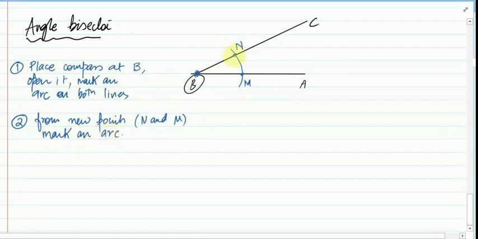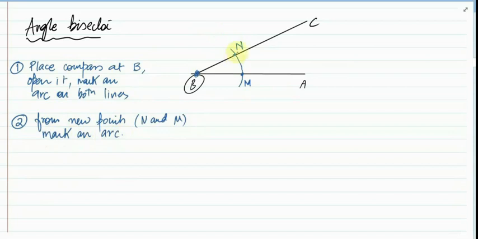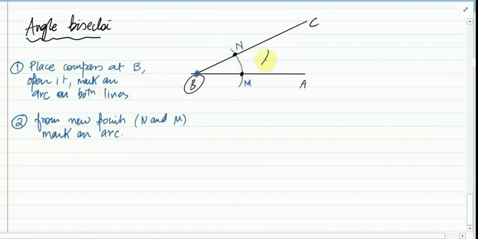Now I will place my compass at point N and mark an arc. With the same radius, I will place my compass at M and mark an arc. Now you get a point here, right? You need to plot the line that connects these 2 points, and that is the angle bisector, right?